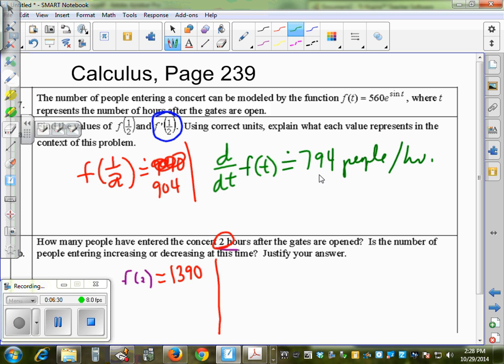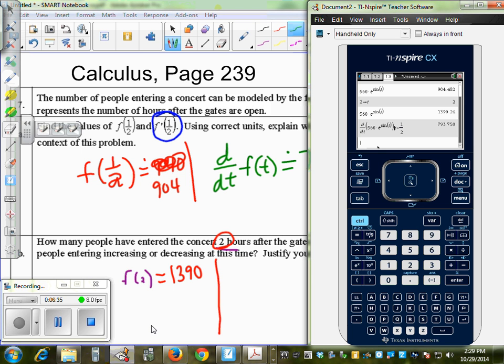Notice I did not use the decimal because there's no such thing as 0.758 of a person. So I rounded that off.